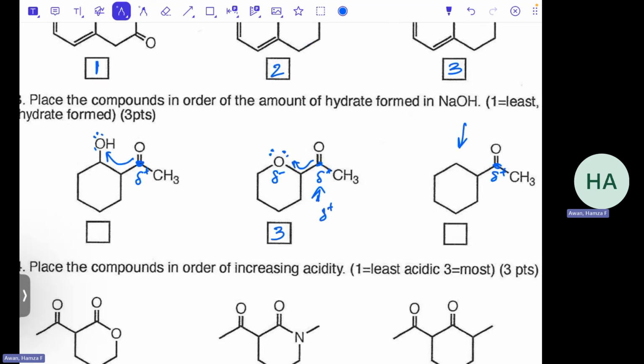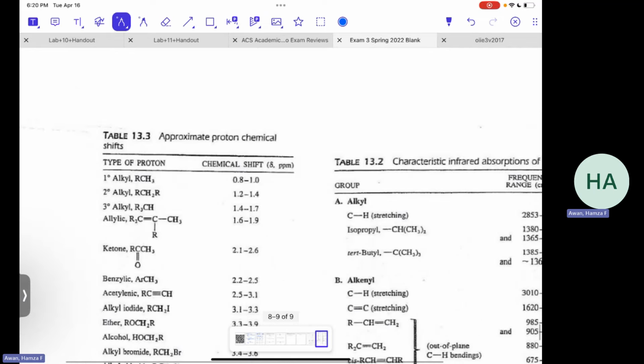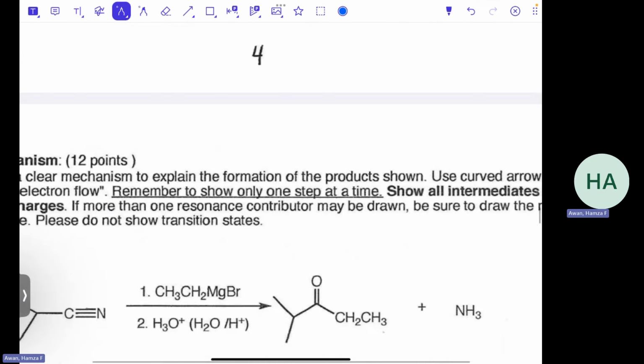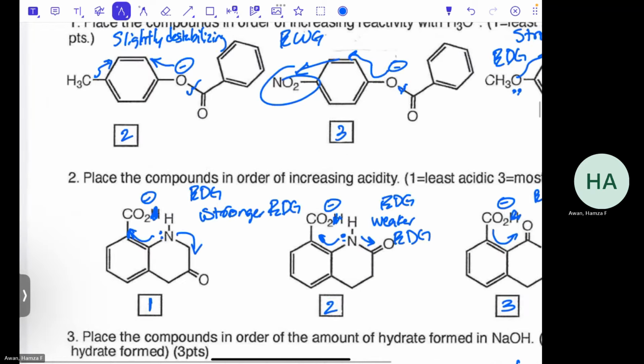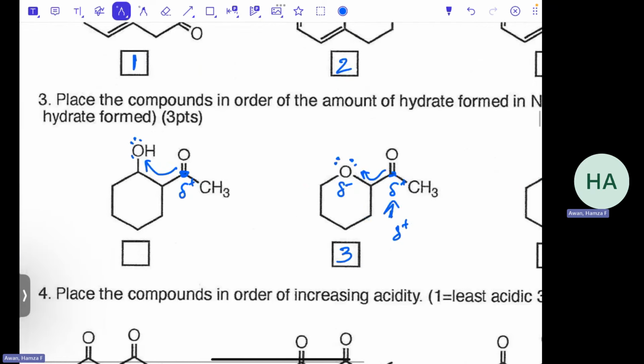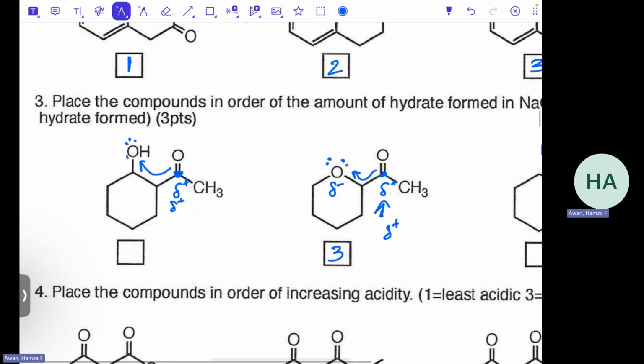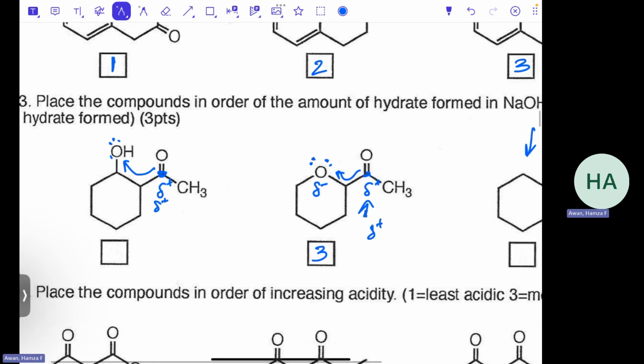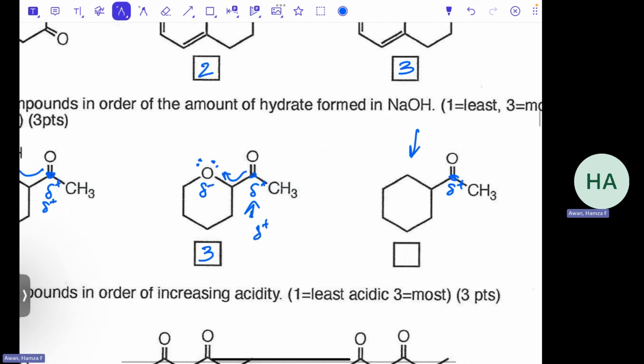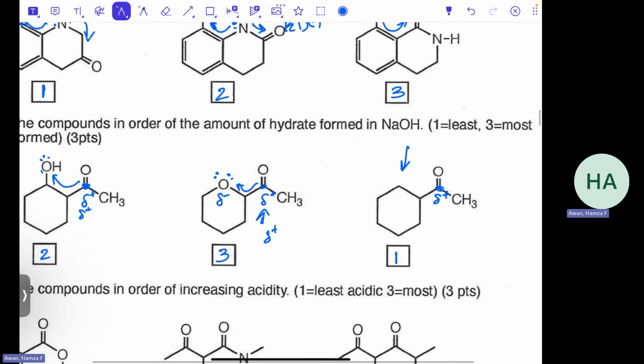And then our second one, because this is net zero, this is going to slightly cause it to be more delta positive. So now this one is going to be number 2. And so our final one is going to be number 1, the last, which is going to leave the delta positive charge. Are there any questions on that one? Probably could have explained that better, but.